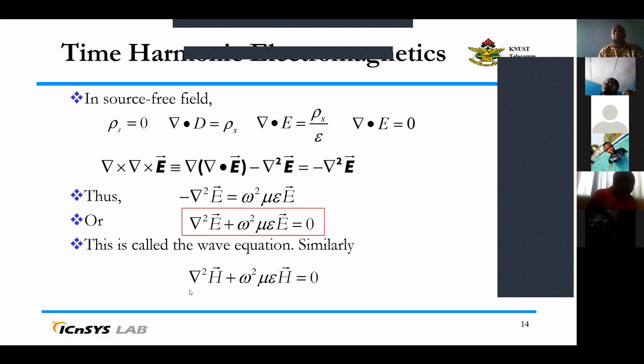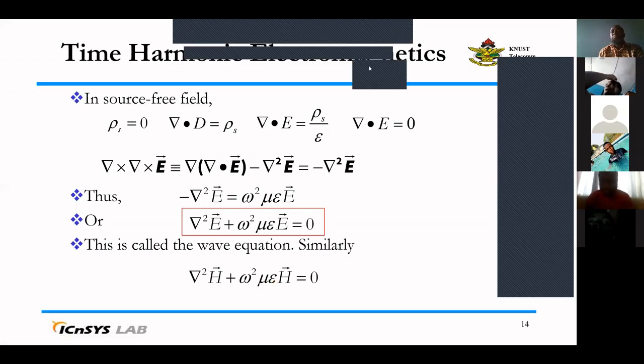Similarly, you can write the wave equation for the magnetic field intensity: del squared H, or the gradient squared of H, plus omega squared mu epsilon H also equals 0.